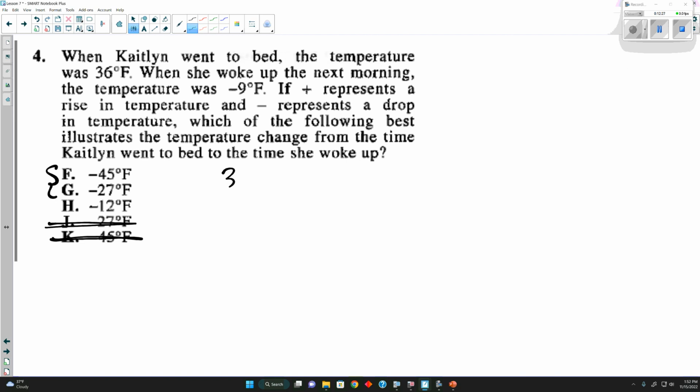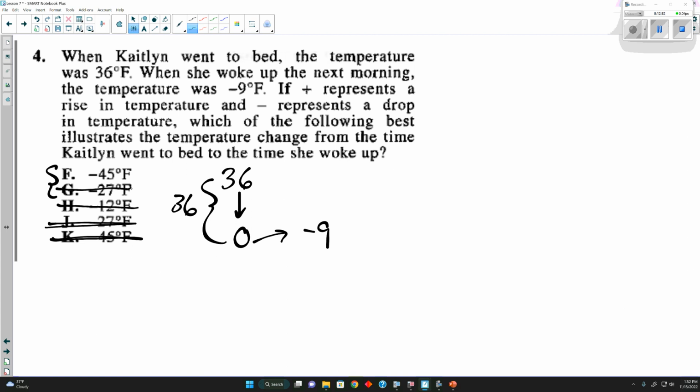So it went from 36 to 0, yes? How much is the change from here to here? From 36 to 0, how much did it change? 36, but it's still got to go from 0 to negative 9, yes? Well, we know H is not correct because it changed more than 12.